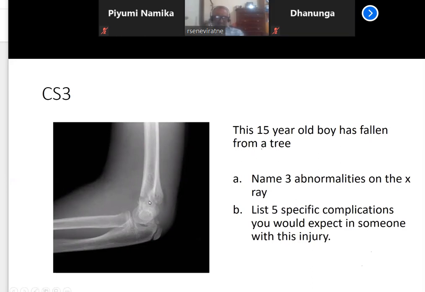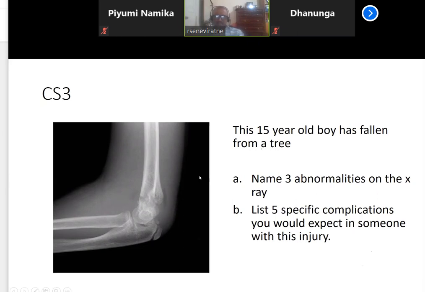Can you see a break here? Supracondylar. Yeah, it's supracondylar. Supracondylar fracture is there, and you can also see fat pad sign. Not anterior and posterior, no? This anterior fat pad, this posterior fat pad sign, and the supracondylar fracture, yes.